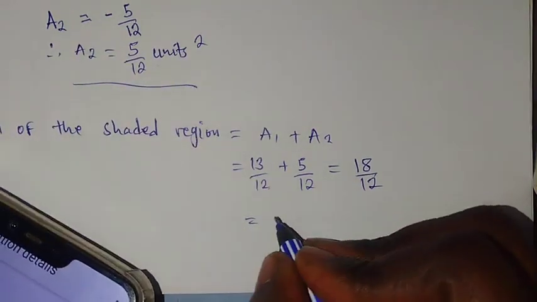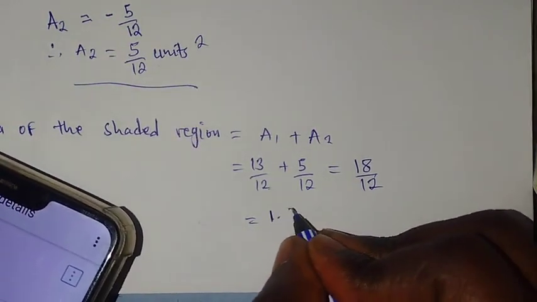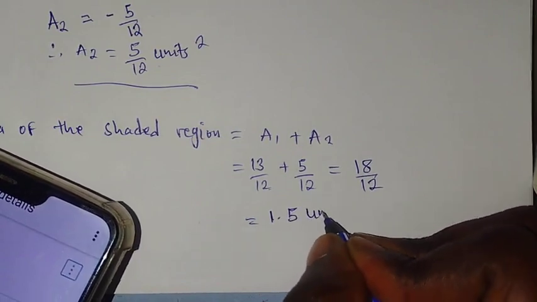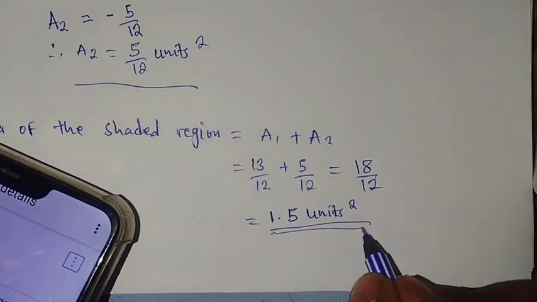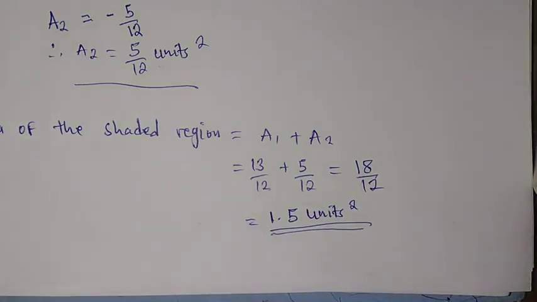So we can write our area as 1.5 units square. So this is the area of the shaded region.